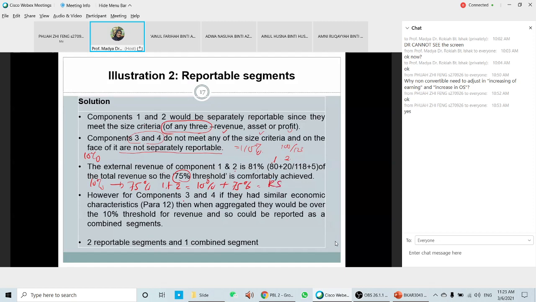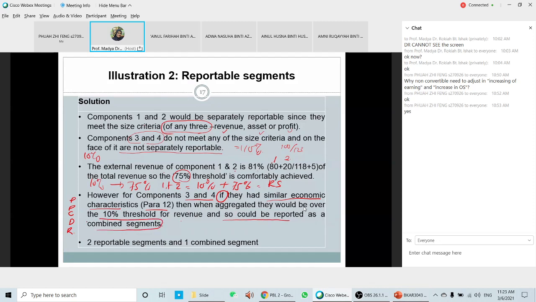However, for component 3 and 4, if they have similar economic characteristics, we should refer to paragraph 12. If they have the five items here, relating to product, production, customer, distribution, and regulatory, and they fulfill that criteria but do not fulfill the 10% test, they also can be reported as a combined segment.